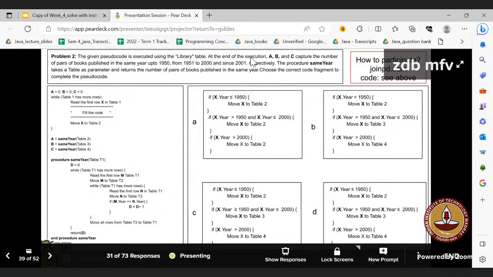And for C, we should pass cards greater than 2001. Because we want to find the number of pairs in that range for A, B, C. That's why A should be capturing the number of pairs of books published in the same year up to 1950. That means if both the books are published in 1939, that should be counted as a pair in A.